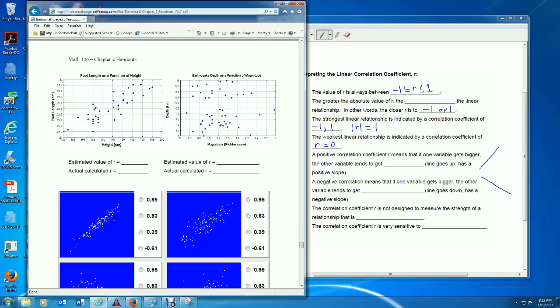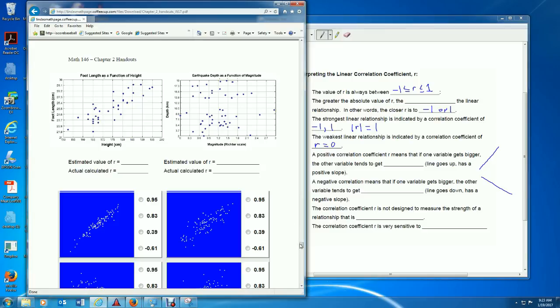It's a pretty tight linear correlation. And in fact, the calculated r is 0.842. Over here, estimated r, maybe 0. It's totally scattered. So something very, very close to 0. And it is, in fact, if you calculate it, equal to 0.027.